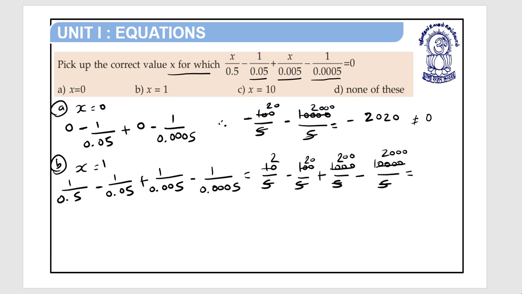So answer is 200 plus 2, 202 minus 2020. So answer is not equal to 0.